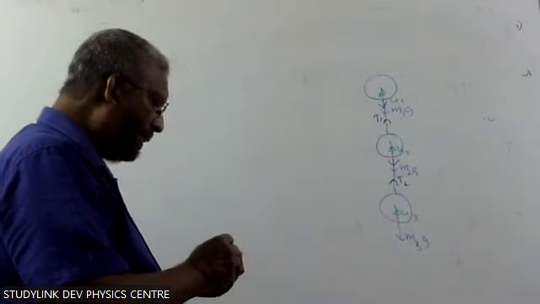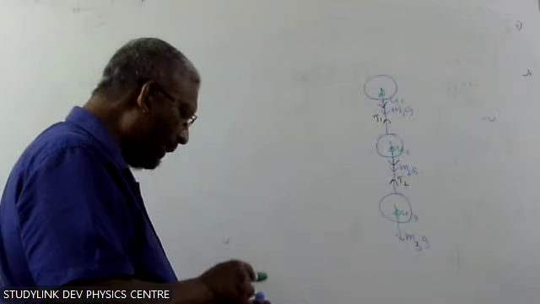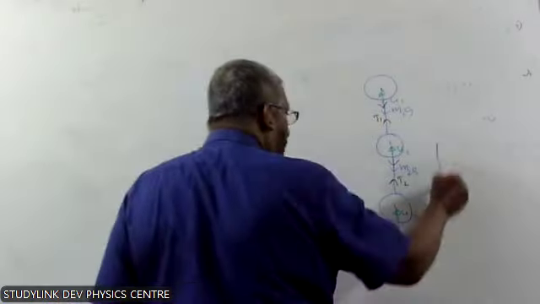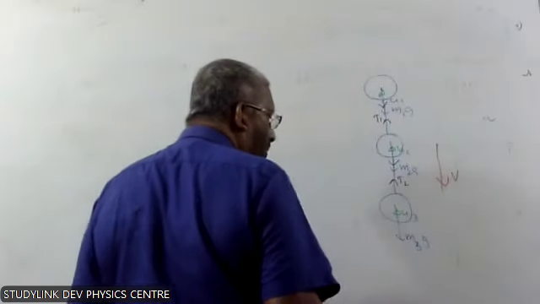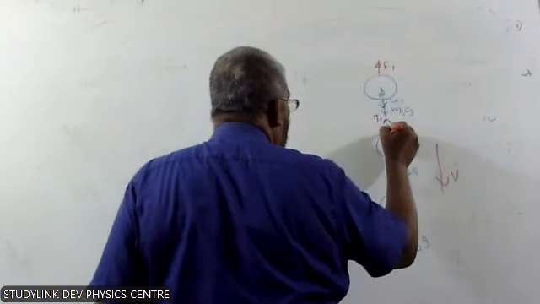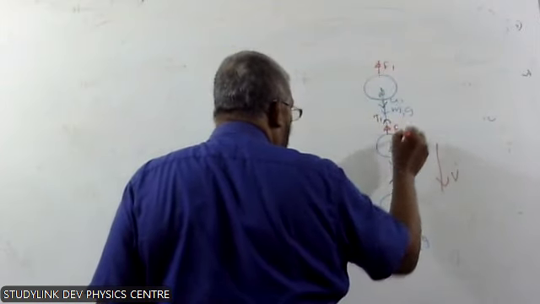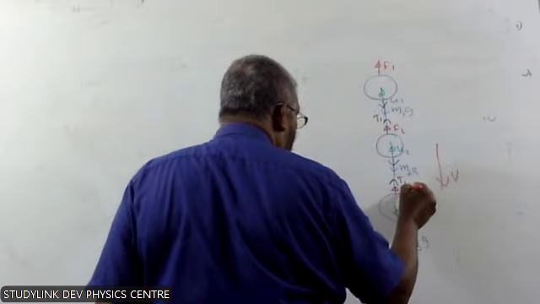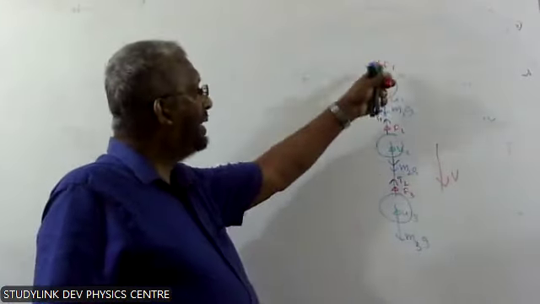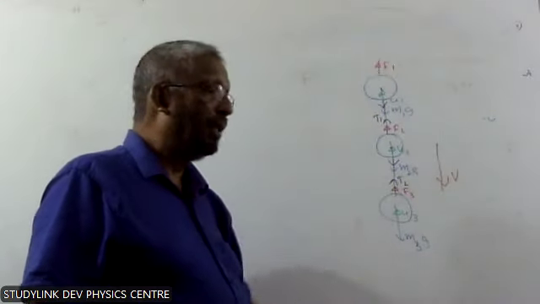Then other than that, you get another force, that is viscous force. Since it is moving at constant velocity or terminal velocity, here the viscous force is F1, here F2, here F3. If the question says all are having the same radii, then all viscous forces are the same.